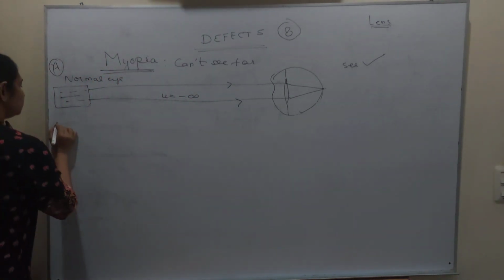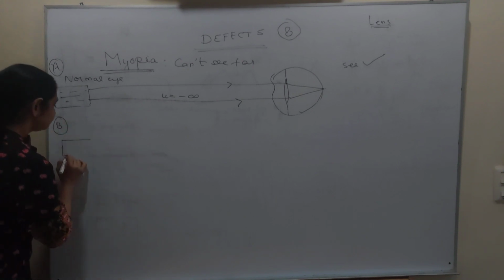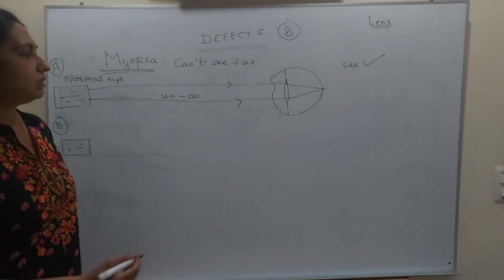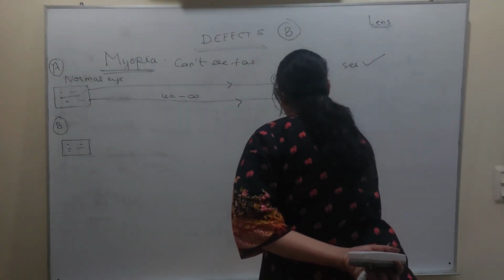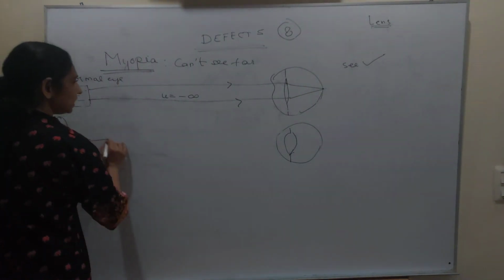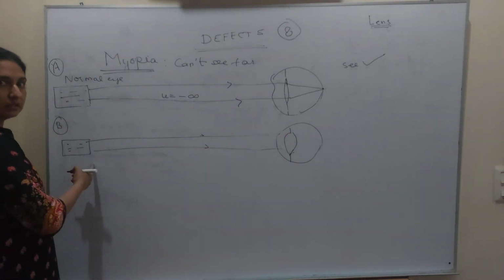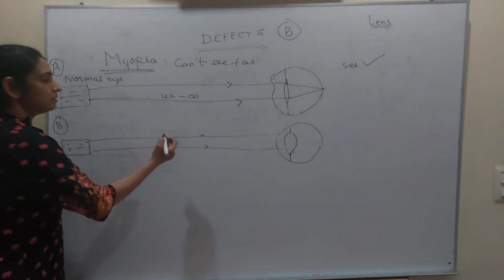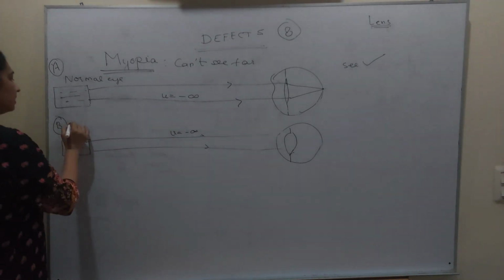Fine. We come to the second case where we are suffering from the problem. Our lens has a problem, it has become thick, and it cannot see. So the situation is, board, we are sitting on the last bench. The lens has become thick, too converging. The rays are still parallel because the object is very far. Correct? The object's distance still remains minus infinity because the object is very far, and parallel rays are coming.